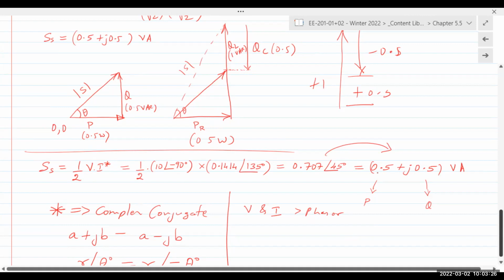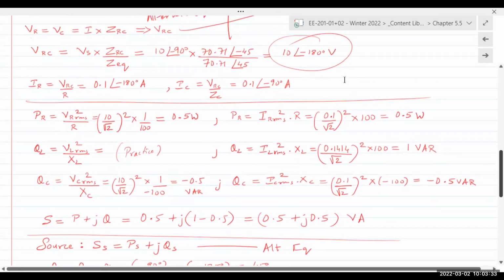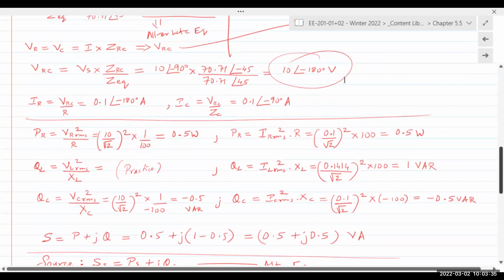In the first method, where you use XL and XC, what do those represent? X is just the reactance. So the impedances ZL and ZC are jXL and jXC. XL and XC are basically the impedance without the imaginary number j.